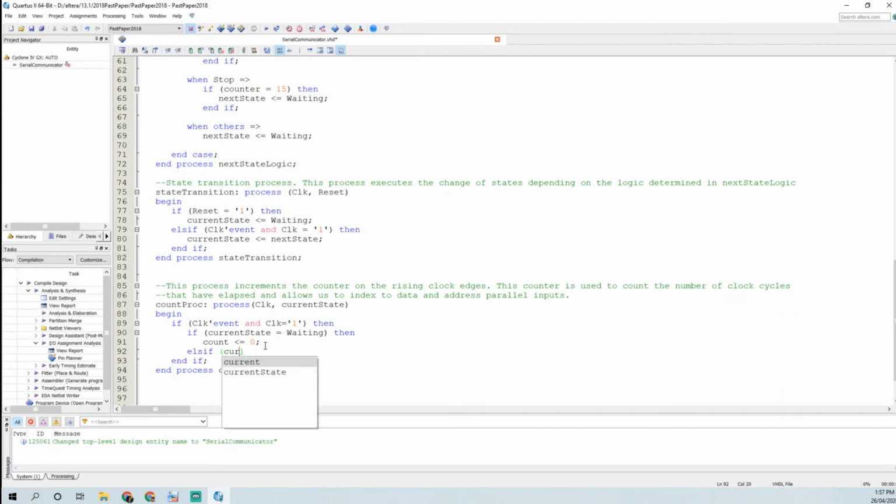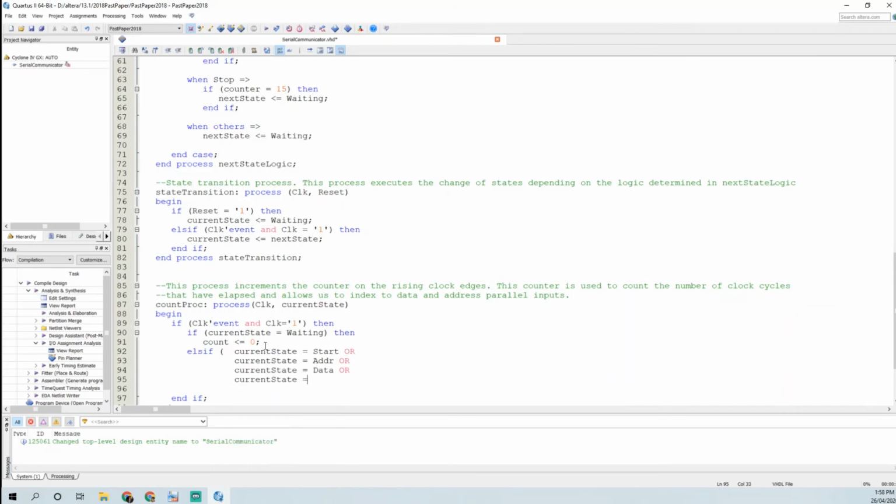Else, if I'm in any other state, in other words, if my current state is the start state, right, or if my current state is the address state, or if my current state is the data state, remember these are all the states we want to count in, right?